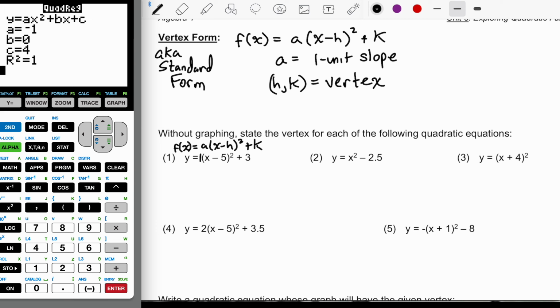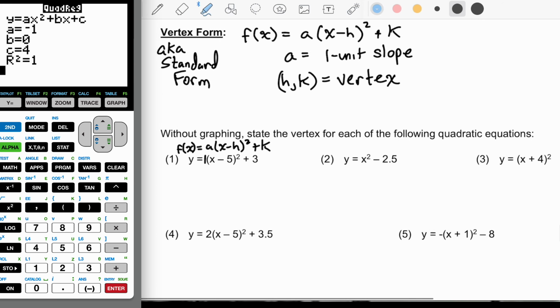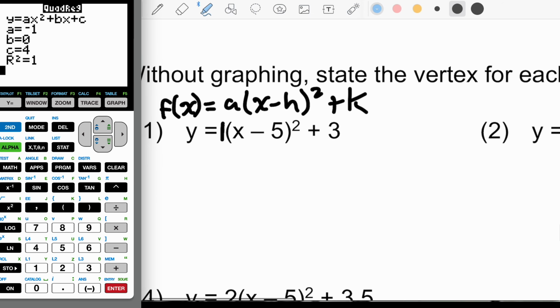What we're going to do is set all the relevant parts equal to one another. We set the a value equal to whatever the number is in front of the binomial squared. We take the content of the binomials and set those equal. And we set the k value equal to whatever that loose constant is.